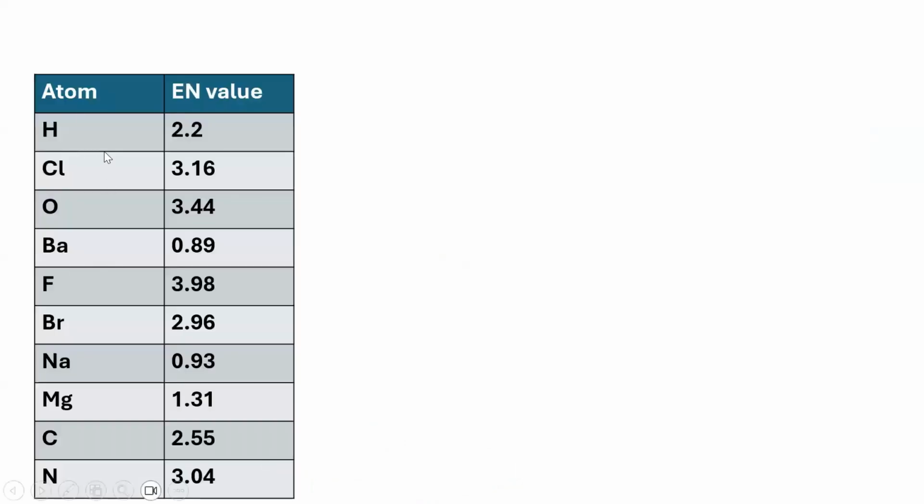This table has examples of atoms with their electronegativity values. So we can use it to solve many examples and to classify the bond according to the electronegativity difference. Some examples, Cl2. We need to know the type of bonding of each of these compounds or molecules.